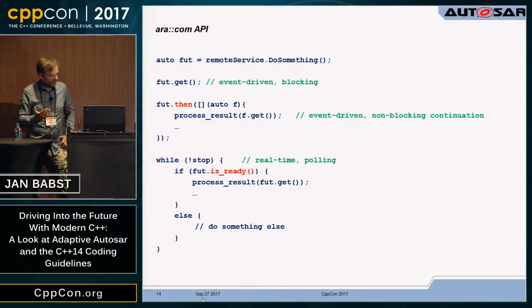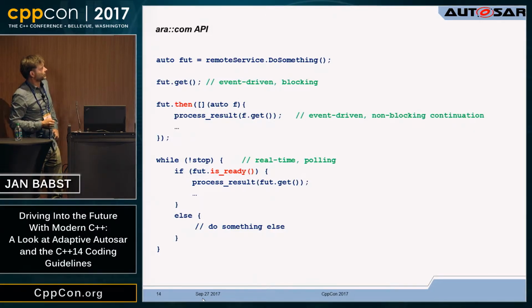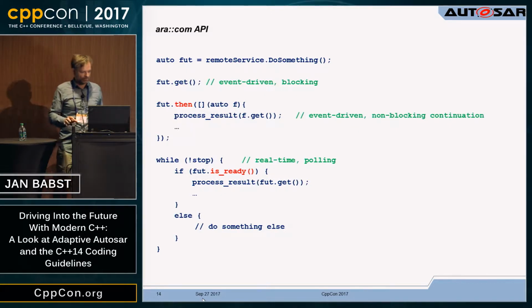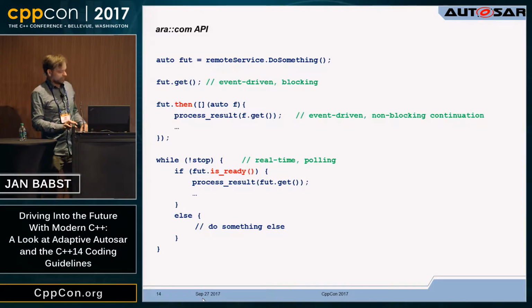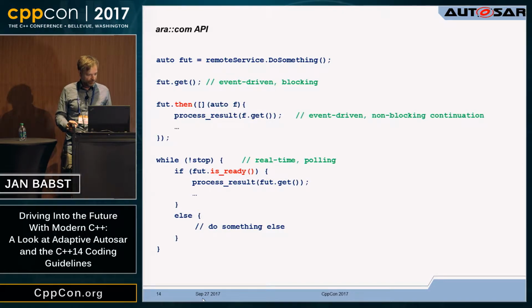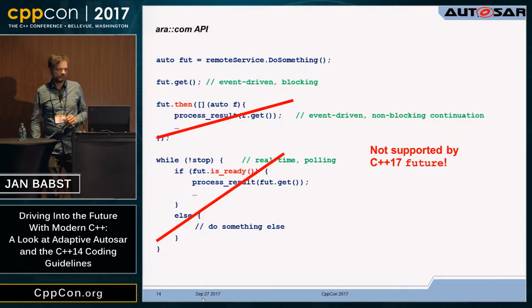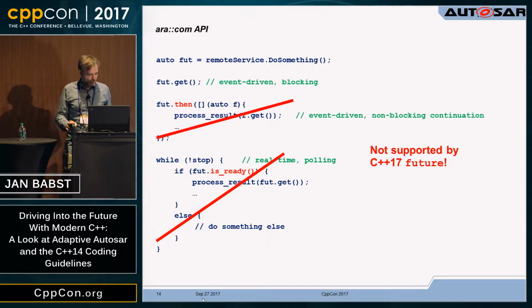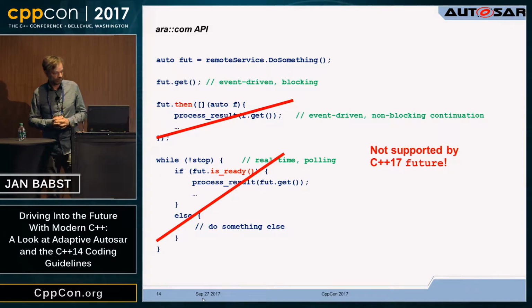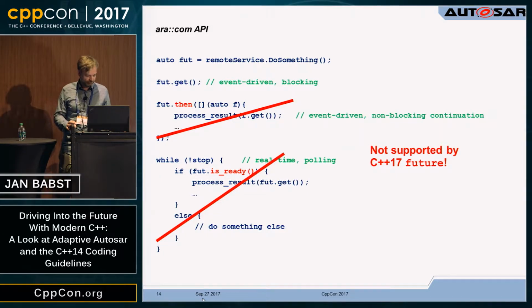And the nice thing is that with one interface, like above, we can support all these models. Unfortunately, only the first one is supported in C++14, and all the others are not even supported in 17. So in adaptive Autosar, we roll our own feature. Unfortunately, but we just do it.